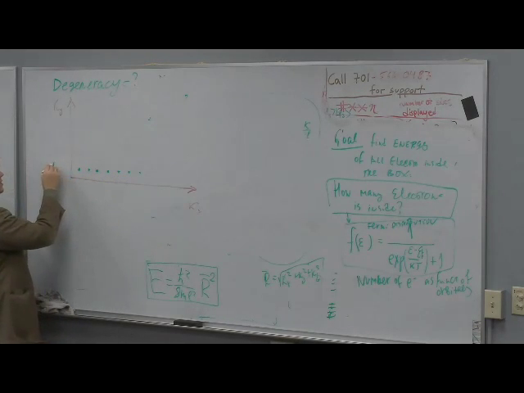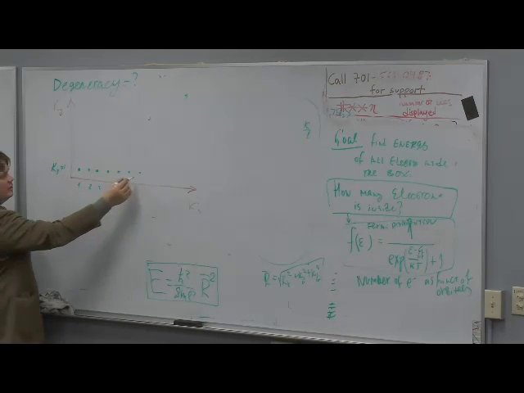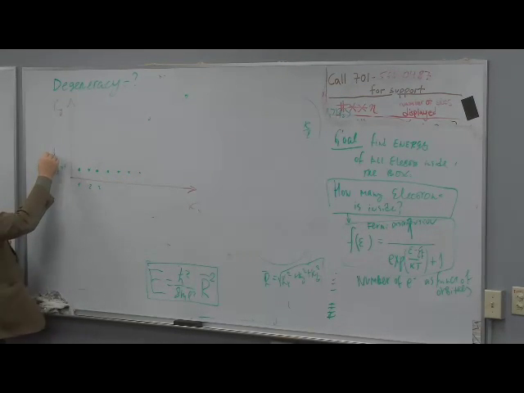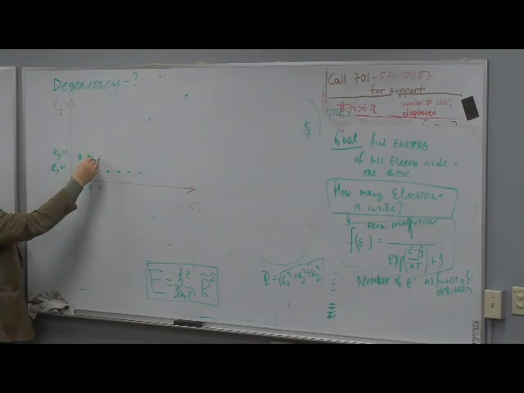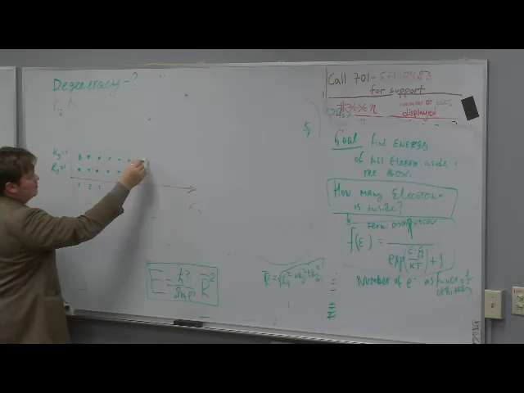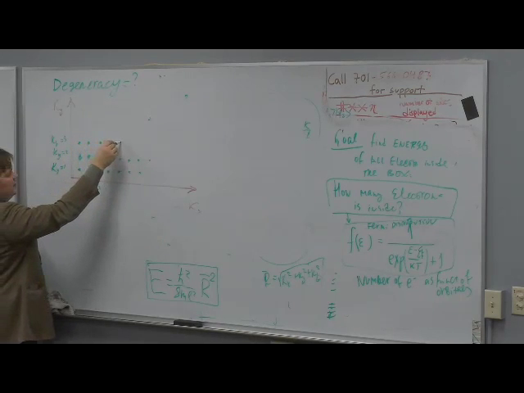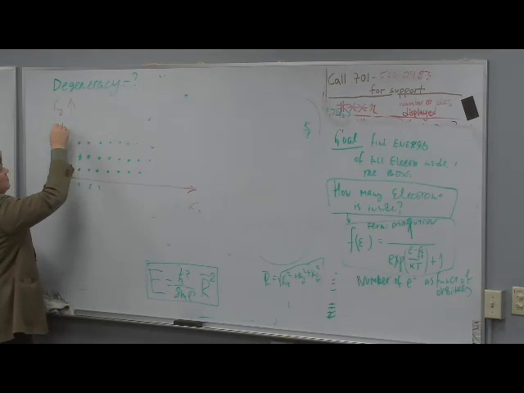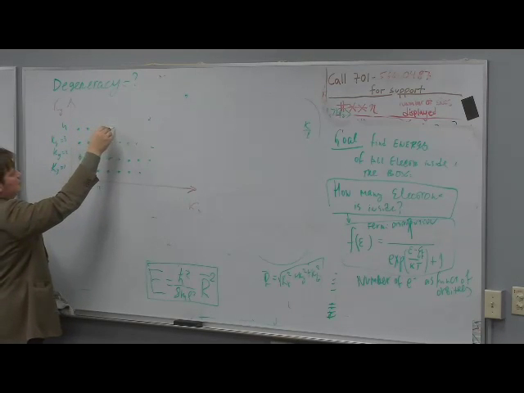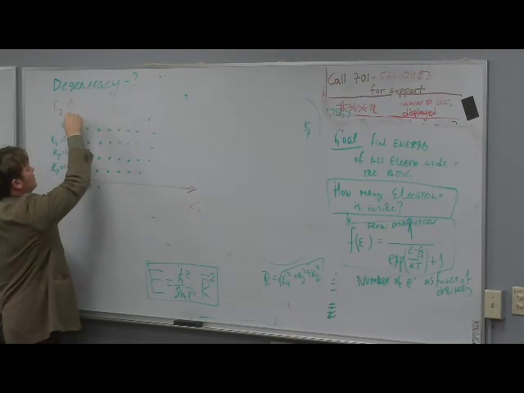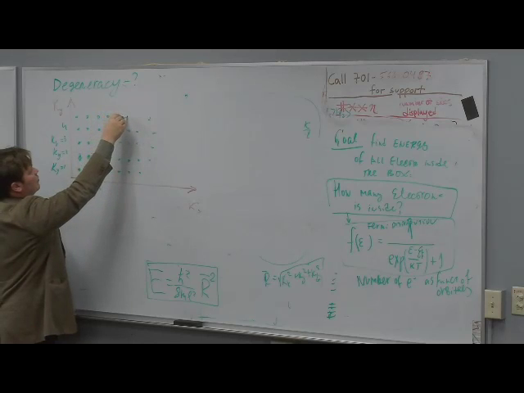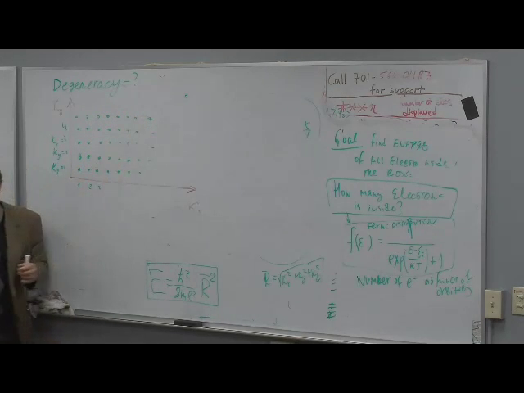So here is ky equal 1 and kx equals 1, 2, 3, and so forth. Here's ky equals 2 and kx equals 1, 2, 3, 4, 5, 6, and so forth. Ky equals 3 and kx equals 1, 2, 3, 4, 5, 6. So it is a space of quantum numbers, of quantum states.